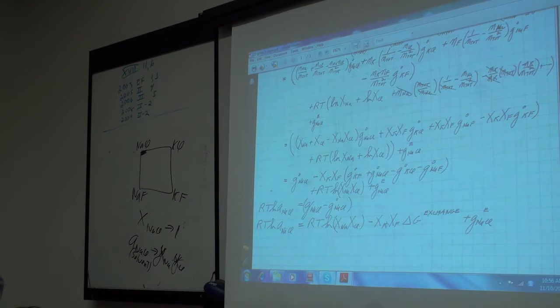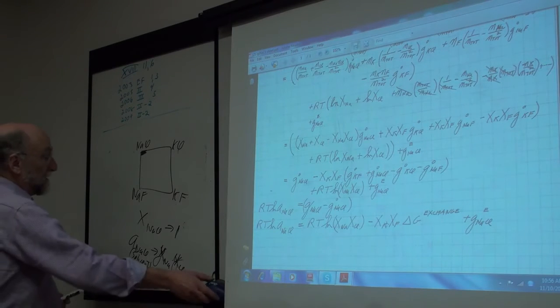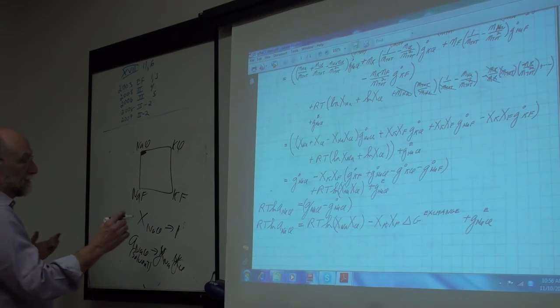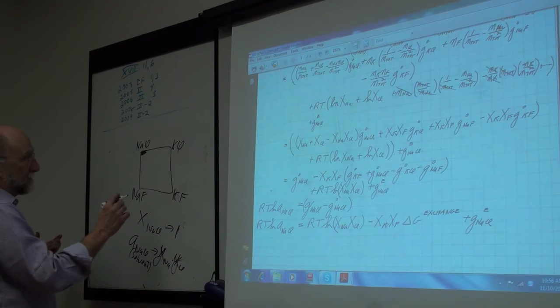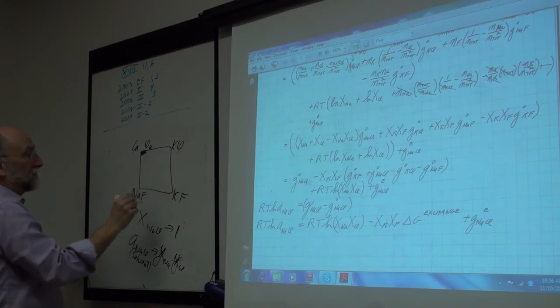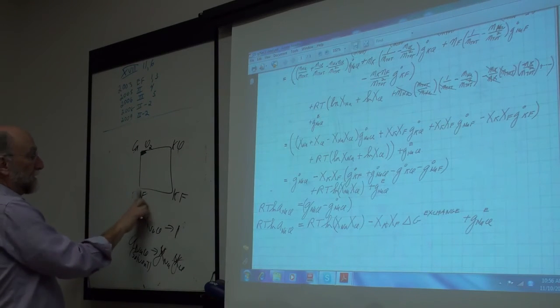Okay, let us suppose then that we're dealing with a mixture of, that's for a monovalent salt, suppose we're dealing with a mixture of divalent salts. Let's say I'm taking calcium chloride instead of sodium chloride, and calcium fluoride.